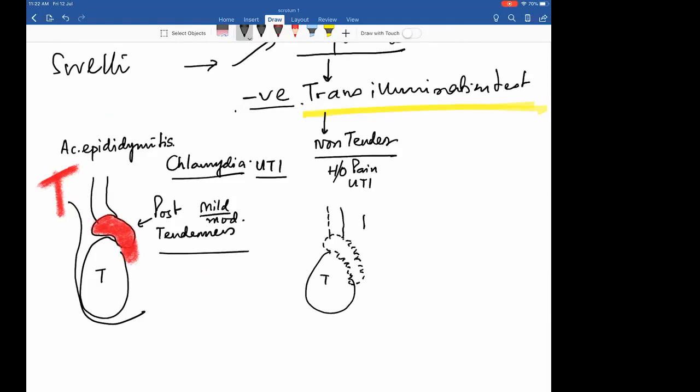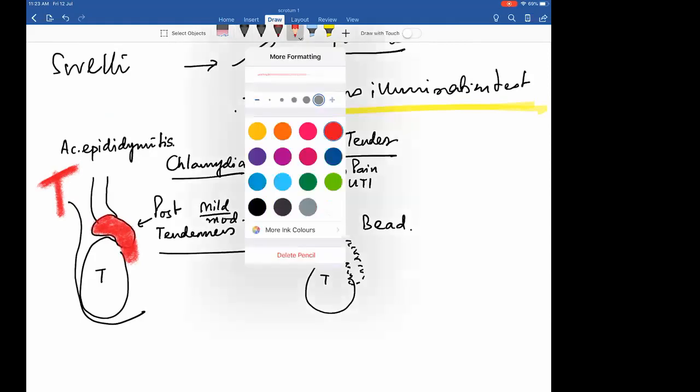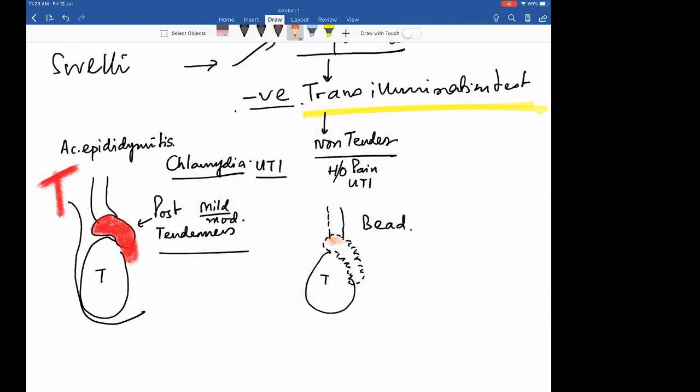It has a bead-like appearance, and this bead-like appearance is marked by a minimal amount of tenderness that you see in the epididymitis, and this usually extends up to the spermatic cord. Now, as I've said, it is mildly tender. It is not that it is not tender, it is mildly tender.